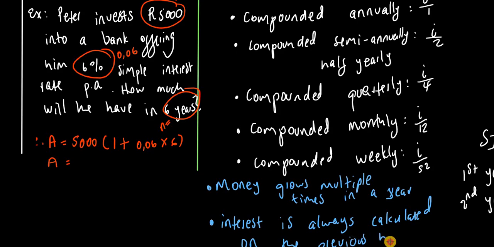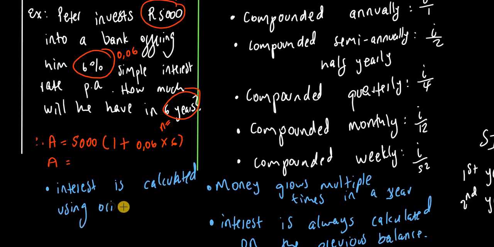That's what makes it different. While here, interest is calculated using the original amount you invested.